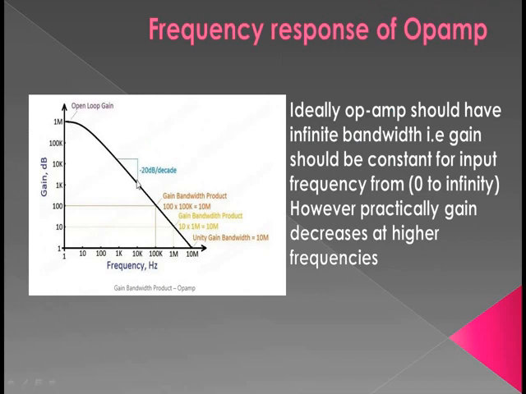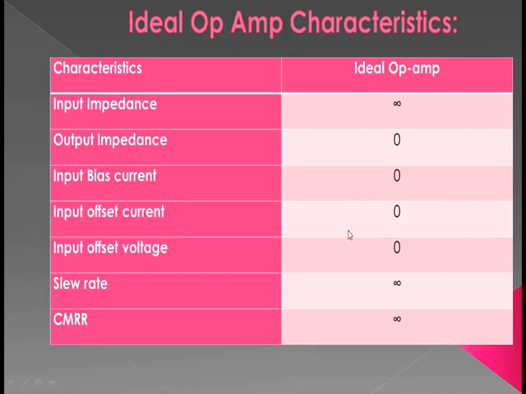Frequency response of the op-amp: if we apply frequency to the input of the op-amp, then as the frequency increases, the output decreases. Theoretically, the output of an op-amp should be constant for any input frequency, but practically the gain decreases as the frequency increases.